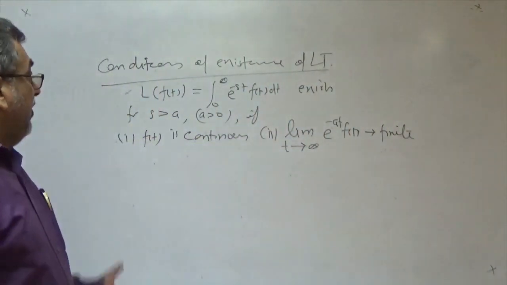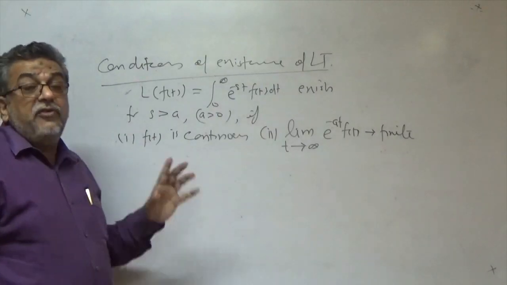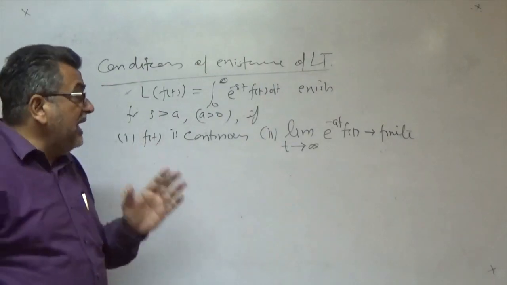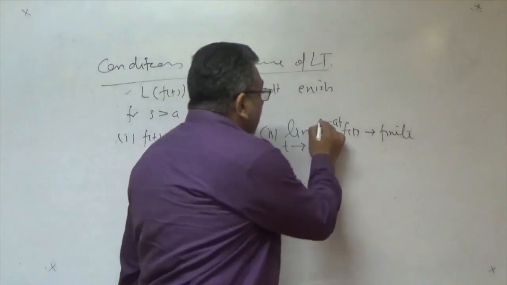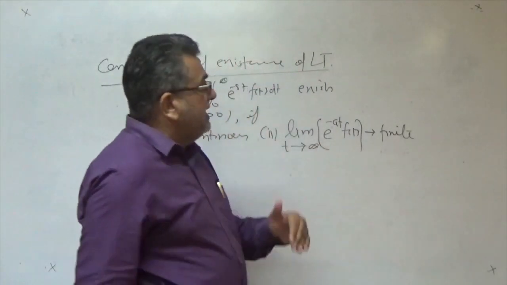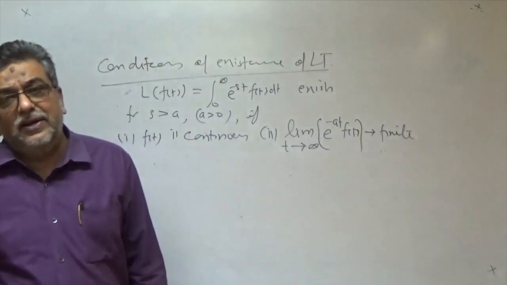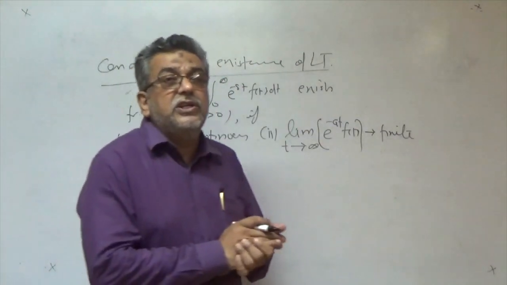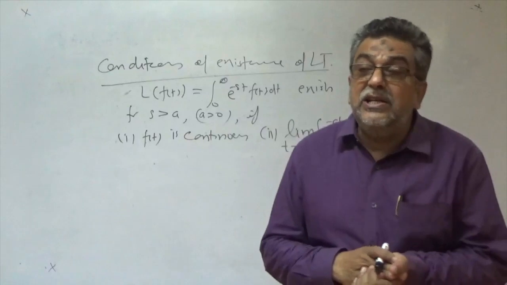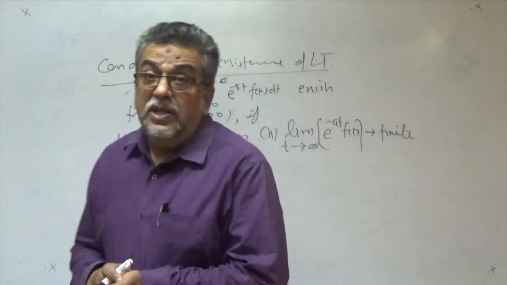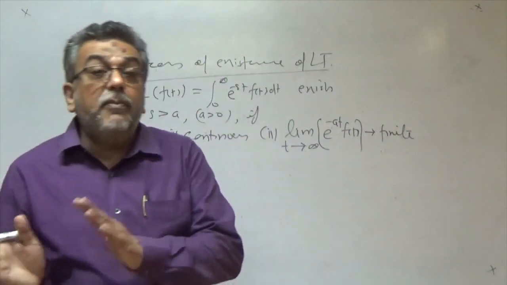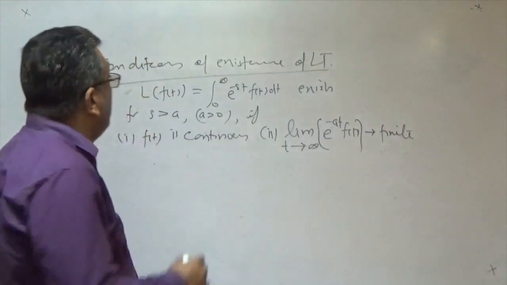Right? First we see whether the function is continuous or not. Then we calculate the limit of e to the power minus at into f(t), and check whether it exists and is finite or not. But these two conditions are not necessary and sufficient conditions. These conditions are sufficient but not necessary. That is the important thing.